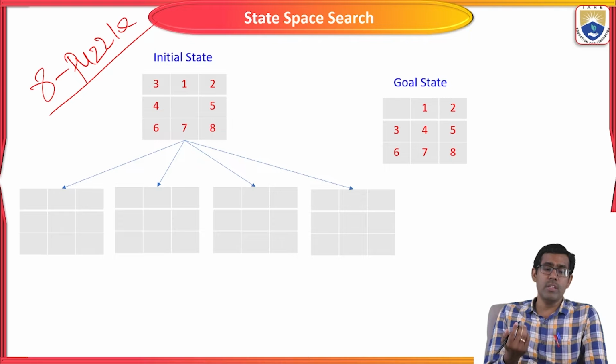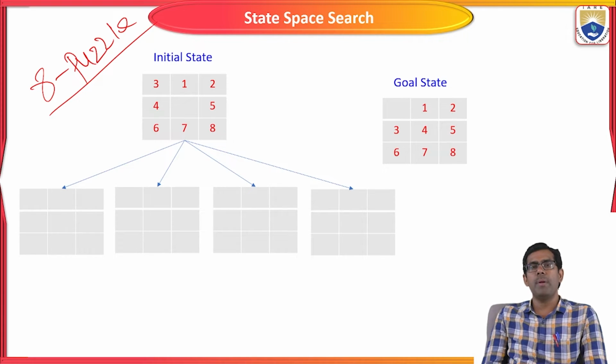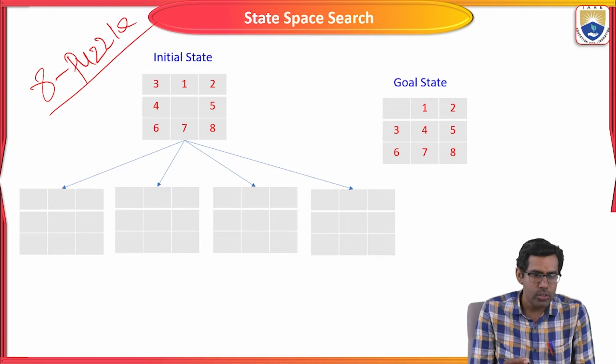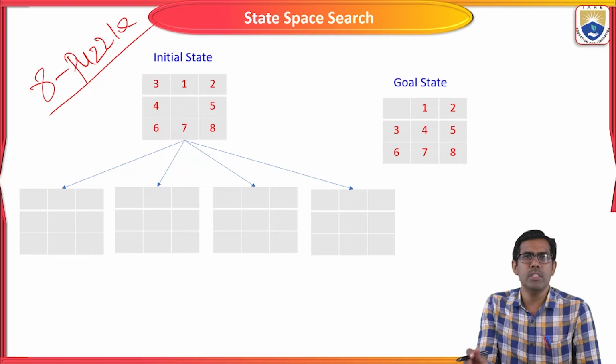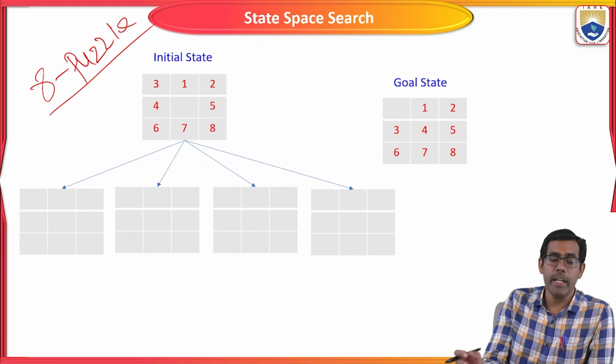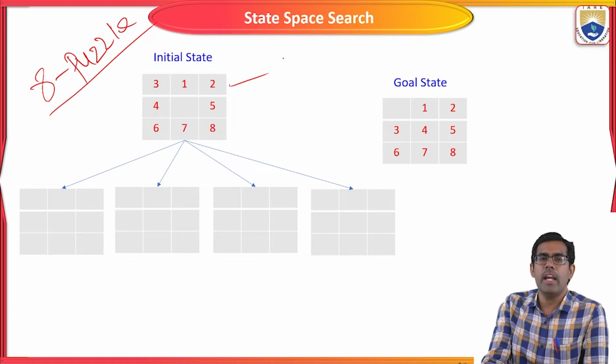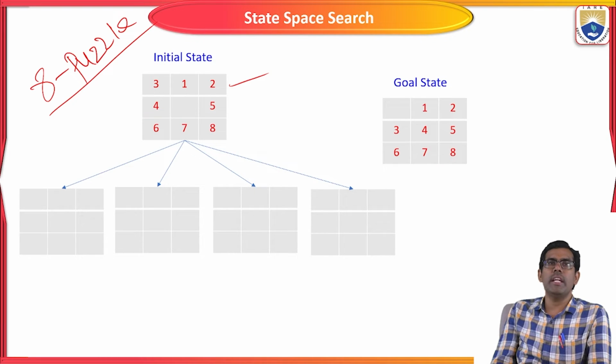Again we can take any type of problem, such as the traveling salesman problem, the 8 queens problem and the n queens problem, to apply these searching techniques. Now we will see the 8 puzzle problem. Here we have one initial state with a number of tiles.